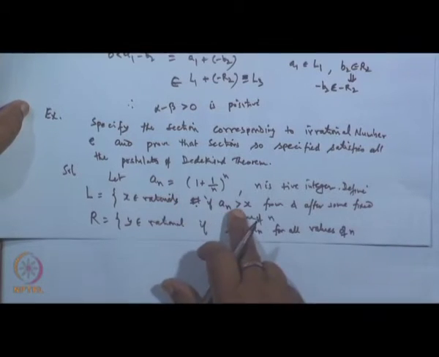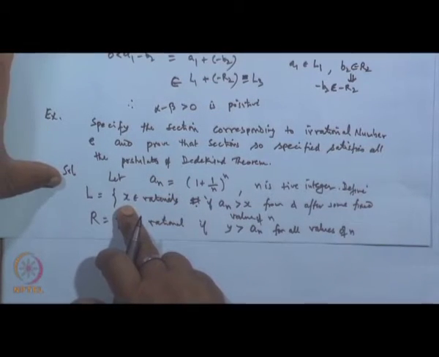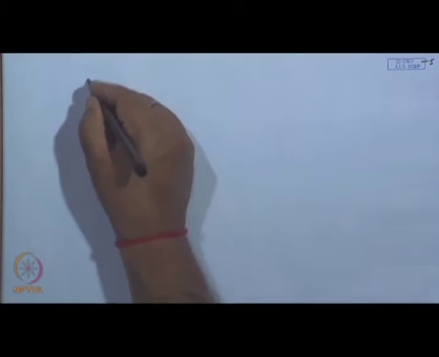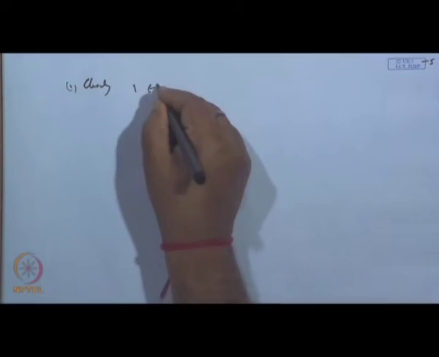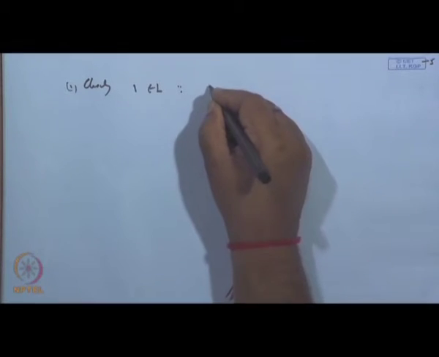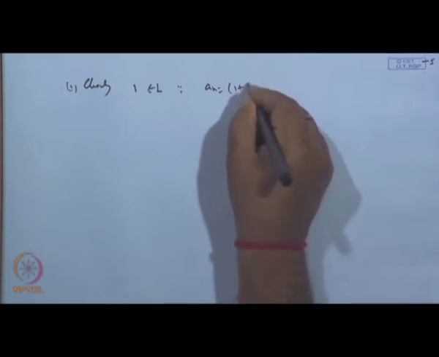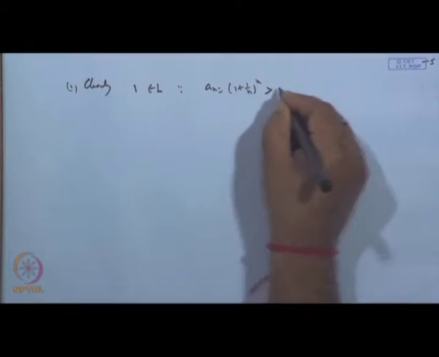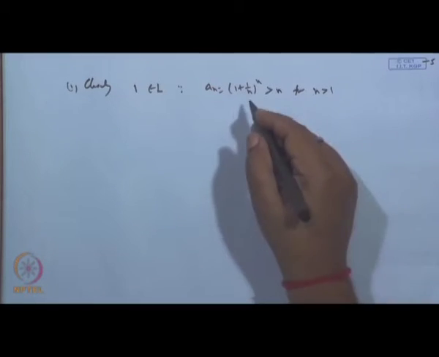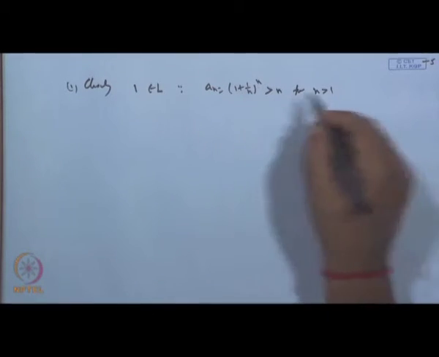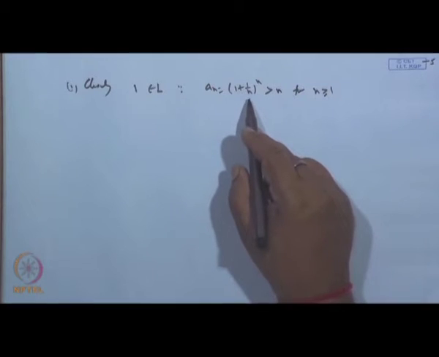So, this 1 belongs to the lower class clearly. The number 1 belongs to the lower class because a_n, which is (1 plus 1 by n) to the power n, will be greater than 1 for n greater than 1, or even equal to 1, you just check.